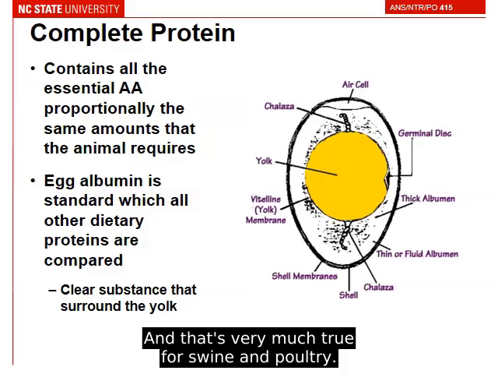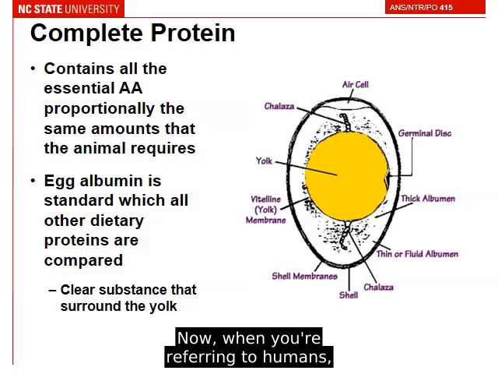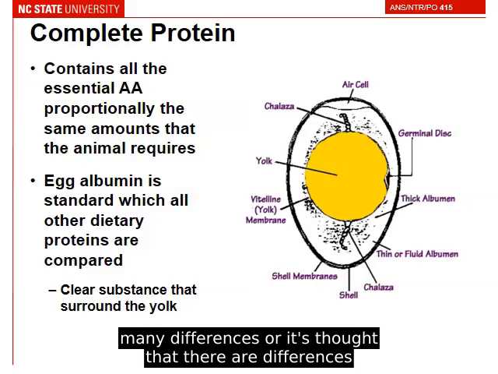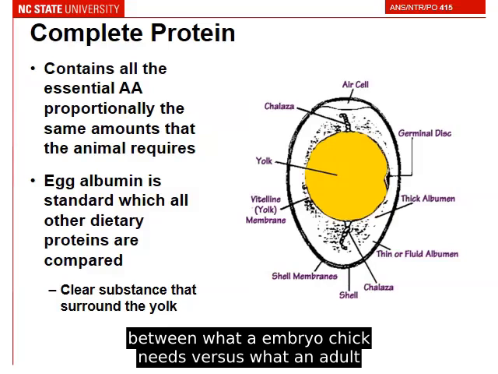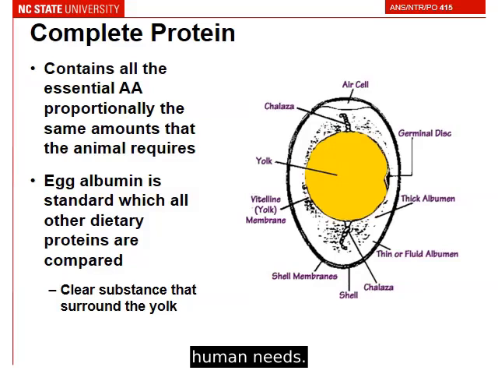for swine and poultry. Now, when you're referring to humans, they actually prefer to use whey protein as the reference because there are so many differences, or it's thought that there are differences between what an embryo chick needs versus what an adult human needs.